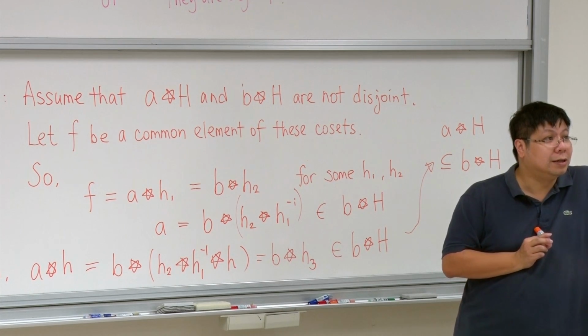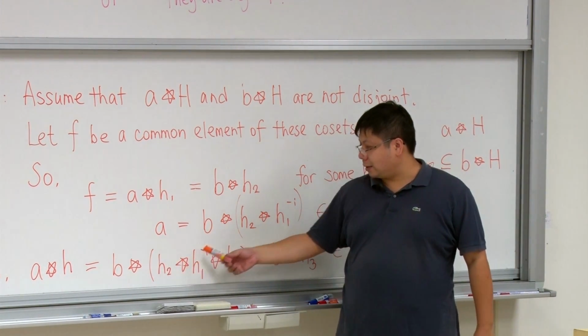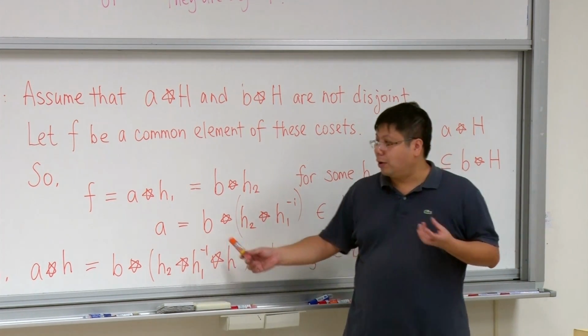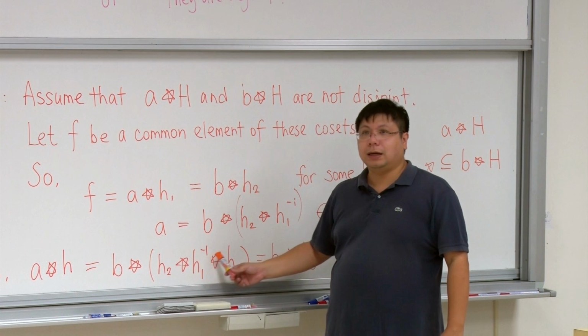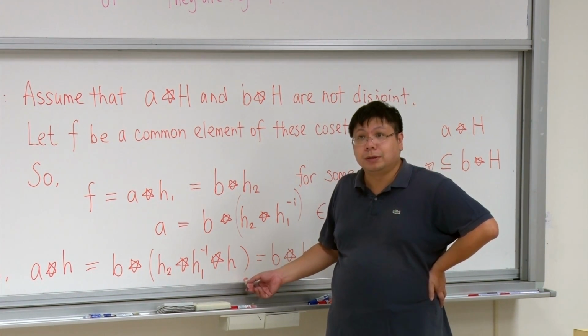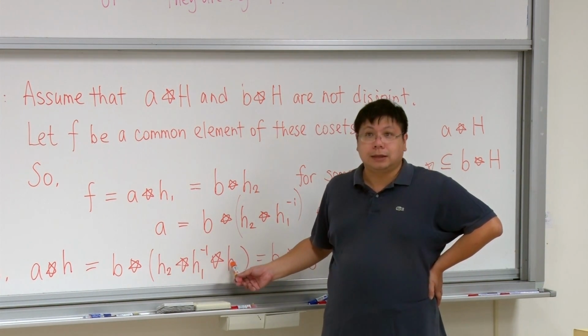Is that okay? Although this is very complicated, it is like H star something star H, right? But if you still recall, everything here is in big H. H is a group, so the multiplication of all the things together is closed.